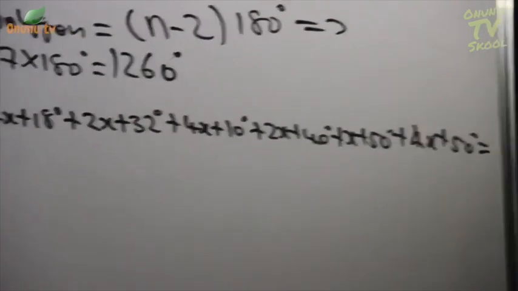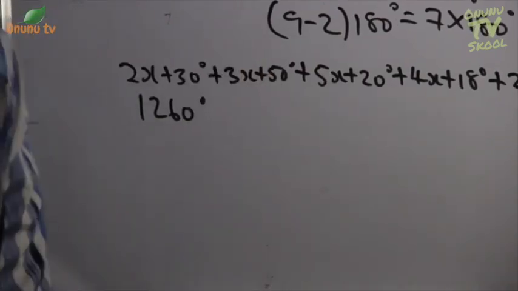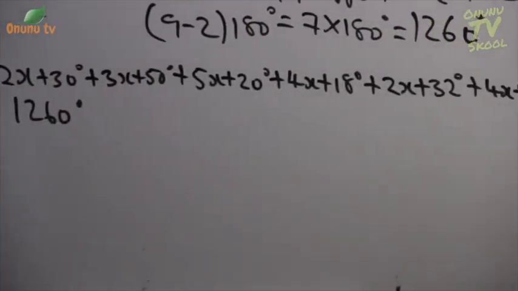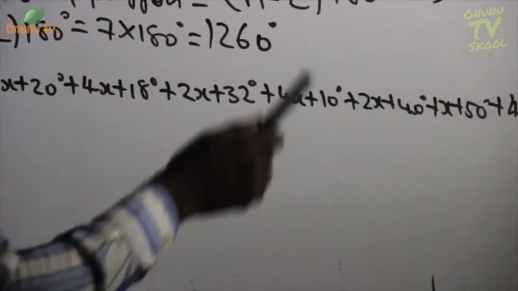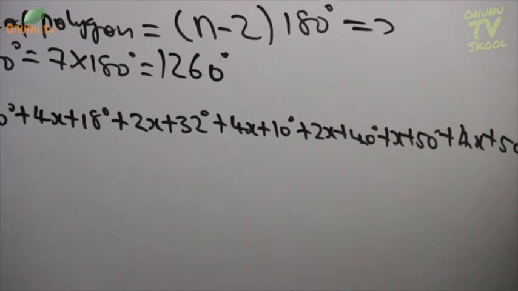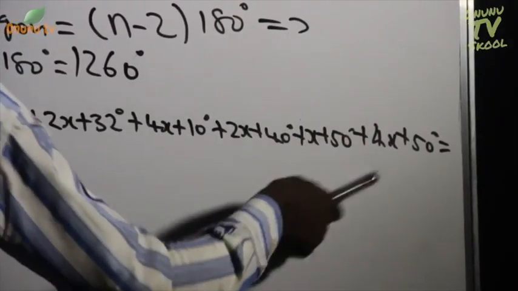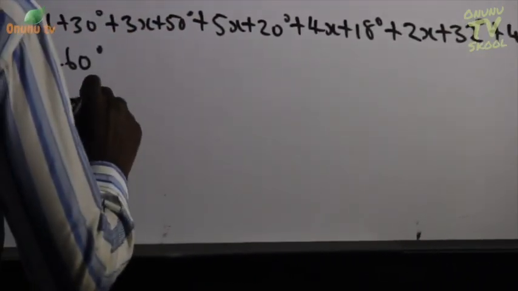Let's go on. Again, 2x plus 3x is 5x, plus 5x is 10x, plus 4x is 14x, plus 2x is 16x, plus 4x is 20x, 20x plus 2x is 22x, 22x plus x is 23x, 23x plus 4x is 27x. So we have 27x plus.